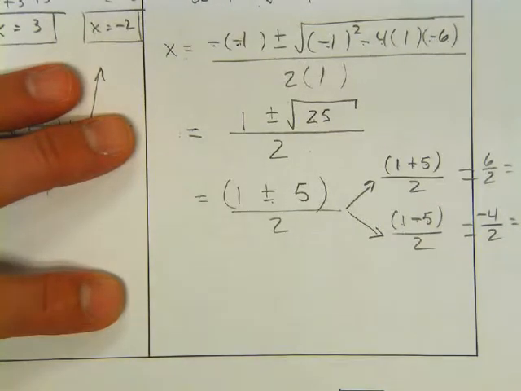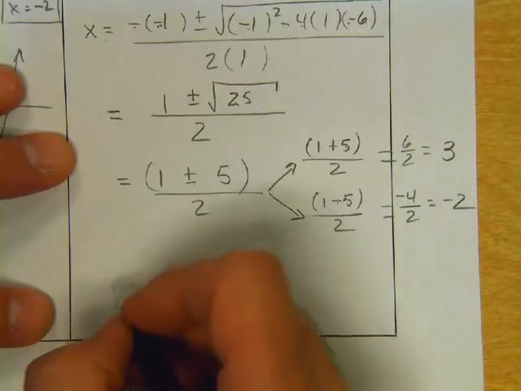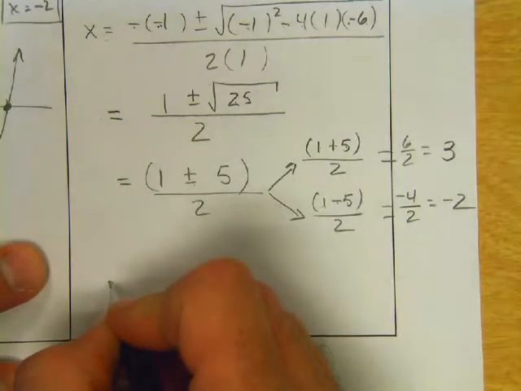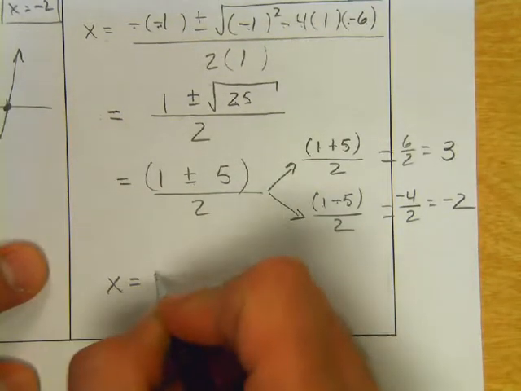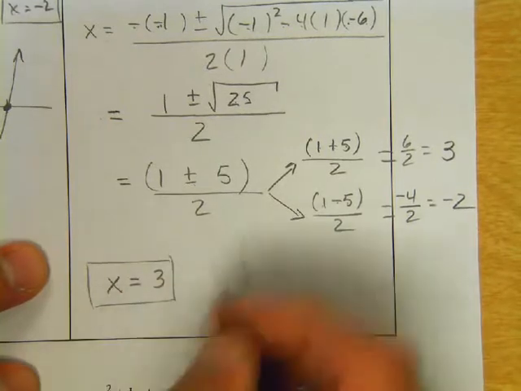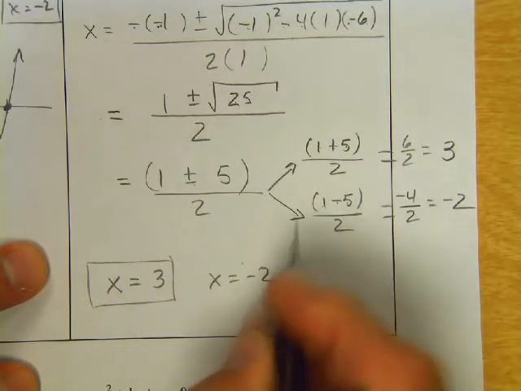Oh, and you can't see that. Oops, there we go. So, what are our 2 answers? x equals 3, and x equals negative 2.